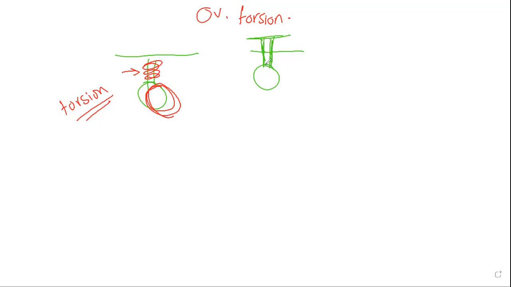This long pedicle might be hypermobile, so it can by itself cause torsion. So yeah, torsion can happen without a cyst. This is what I wanted to emphasize, that torsion can happen without a cyst, as in here, if there is a long pedicle or long ovarian ligament.